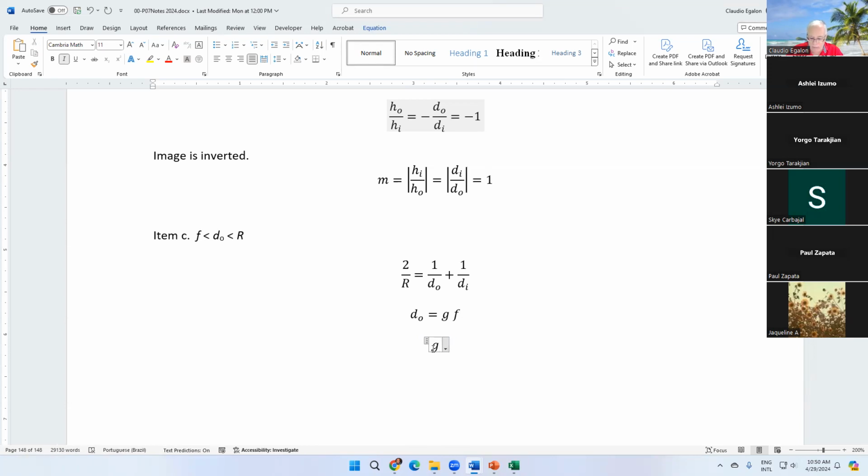G is gonna be what? It's gonna be greater than 1, less than 2, right? And we can even go the next step here. And don't forget, focal distance is going to be R divided by 2, right?